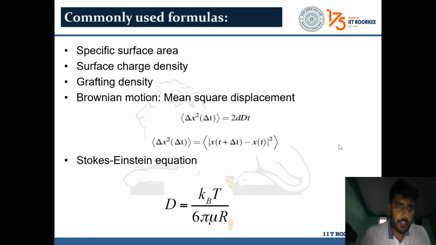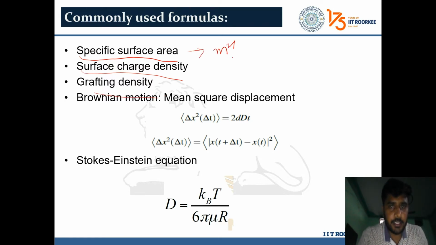The first formulas you have to see are the specific surface area, the surface charge density, and the grafting density. The specific surface area is basically meter square per kg.